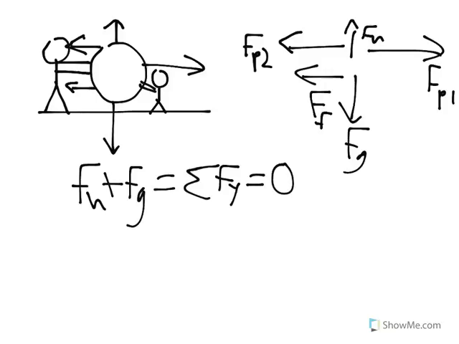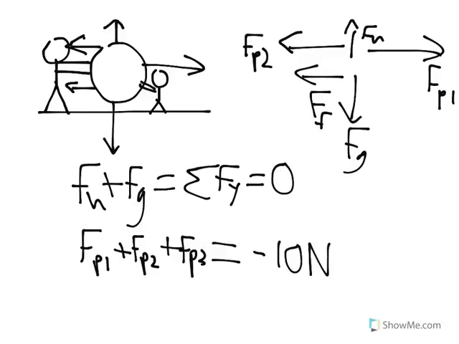And then let's say we add together force of push 1 plus force of push 2 plus force of push 3 equals, let's say, negative 10 newtons. It's 10 newtons pointing in the backwards direction, so that direction. And we know that's the sum of forces in the x direction.